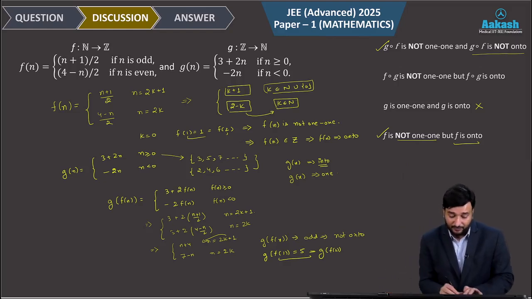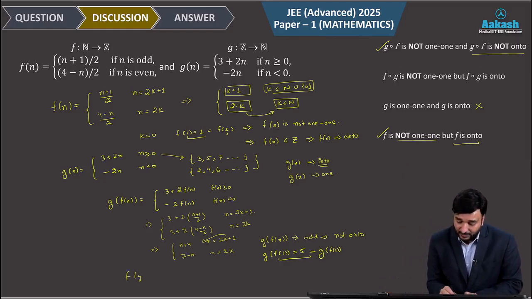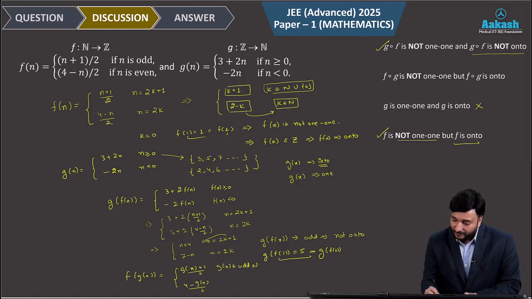Now we need to check the last part, that is f of g of n. So f of g of n is going to be equal to (g of n plus 1) divided by 2, and (4 minus g of n) divided by 2, when g of n belongs to the odd natural numbers and g of n belongs to the even natural numbers.